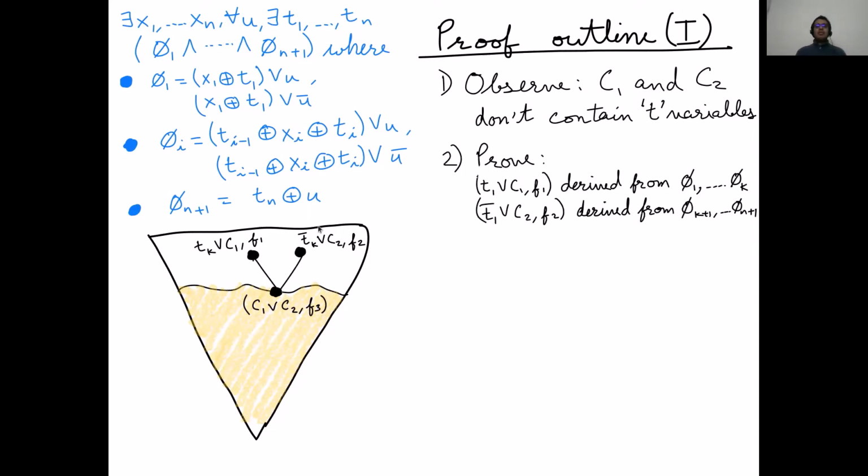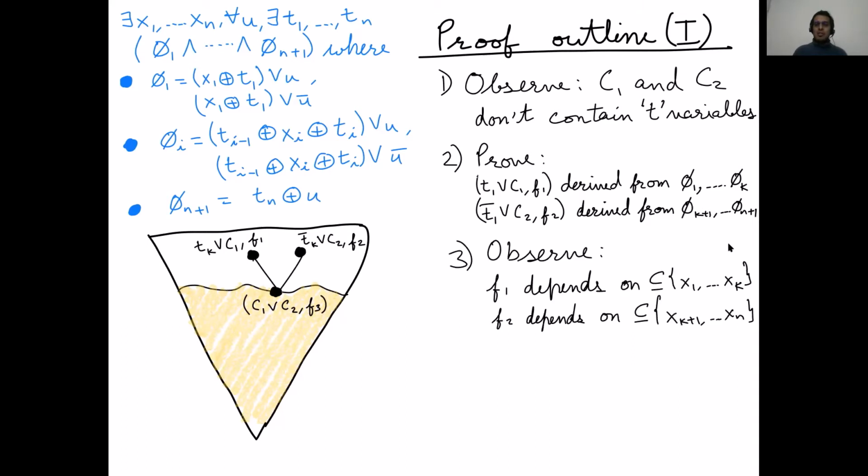So now what we can prove is that this first node, tk or c1 comma f1, will be derived using phi 1 to phi k, and the second one would be derived using the clauses phi k plus 1 to phi n plus 1.